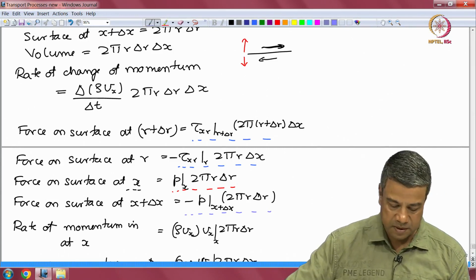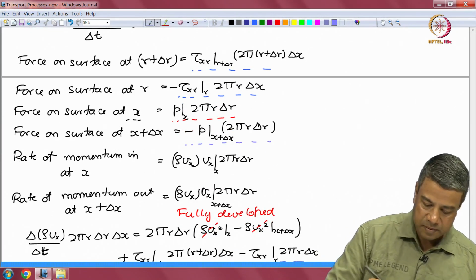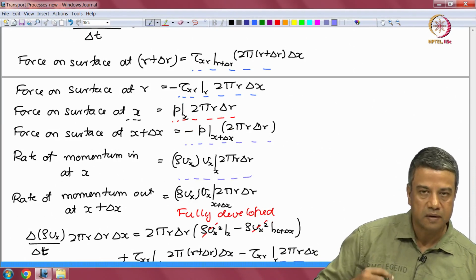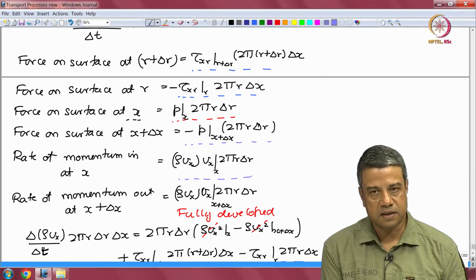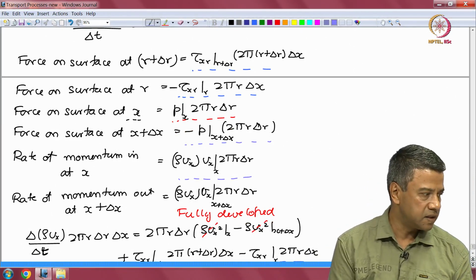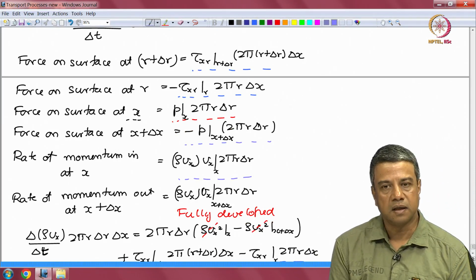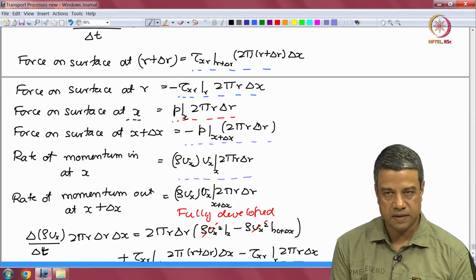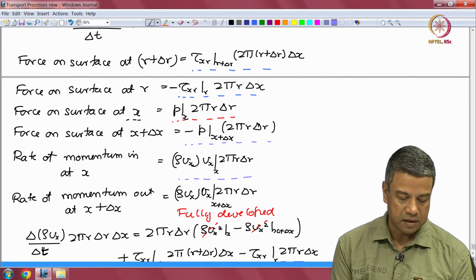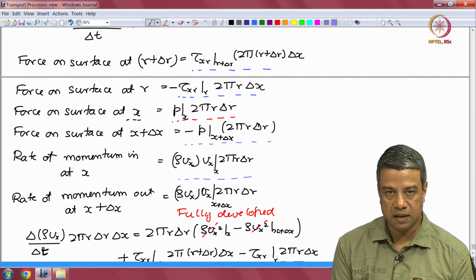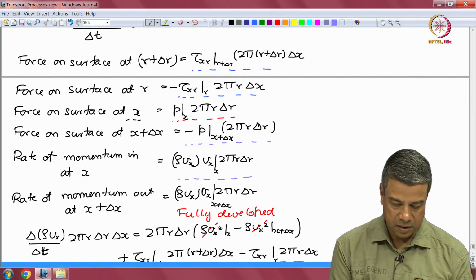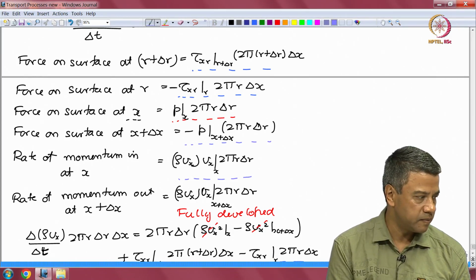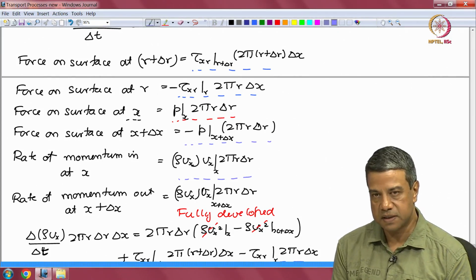Rho Vx is the momentum density, Vx is the perpendicular velocity, and 2 pi r delta r is the surface area. That gives the rate of momentum in at x. And similarly, we had a rate of momentum out at x plus delta x.